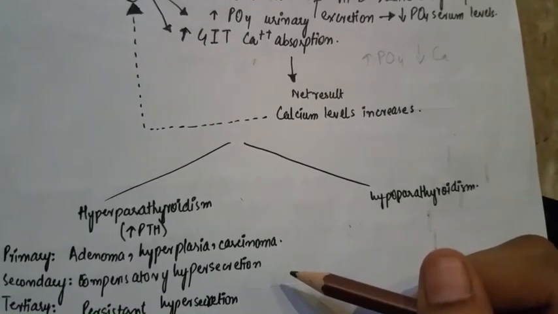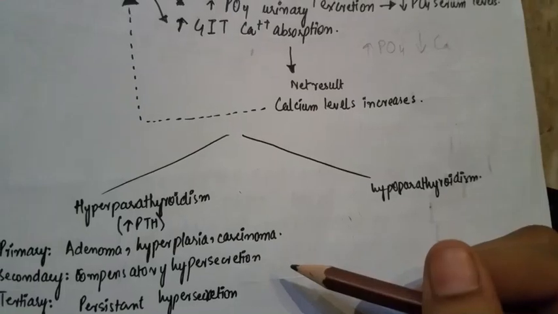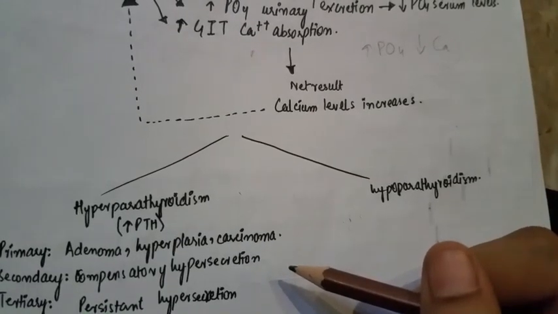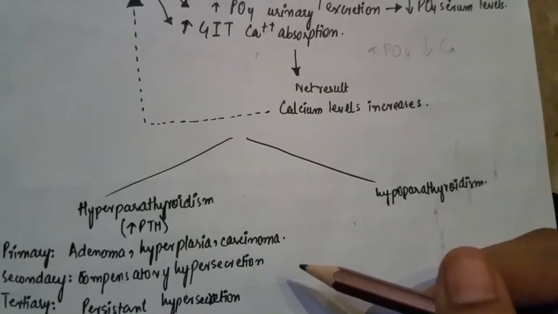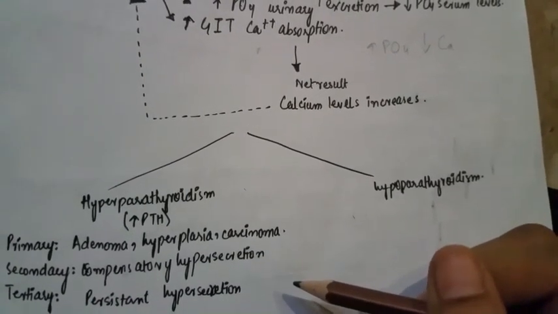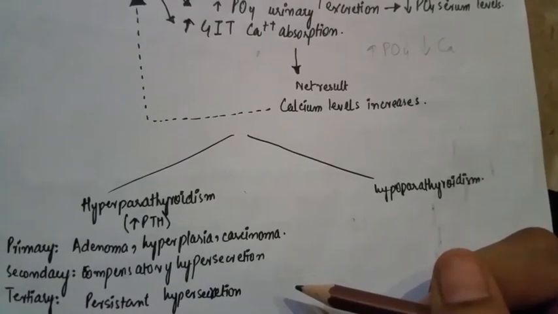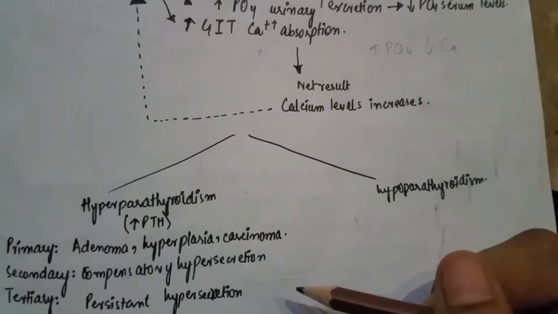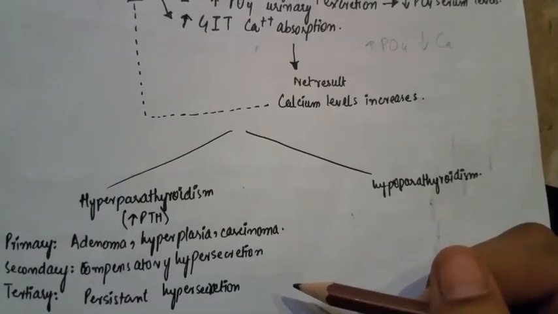When there is a compensatory hypersecretion, in the case of renal failure, this is known as secondary hyperparathyroidism. What is meant by tertiary? When there is a persistent hypersecretion of the parathyroid gland, for example in the case of renal transplant, this is known as tertiary hyperparathyroidism.